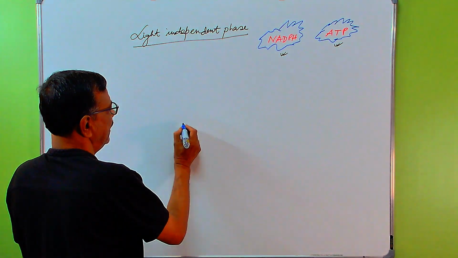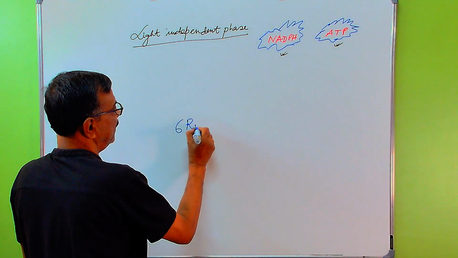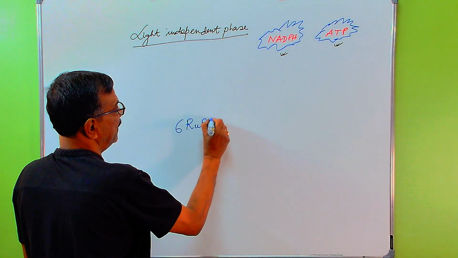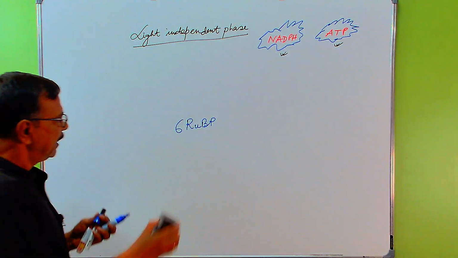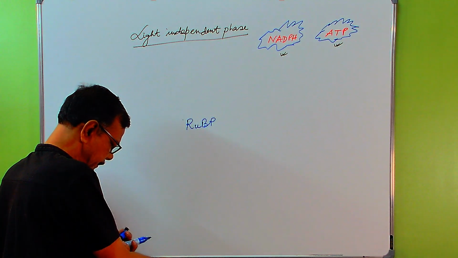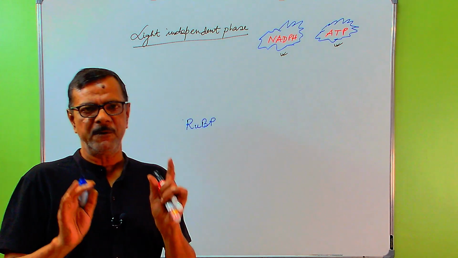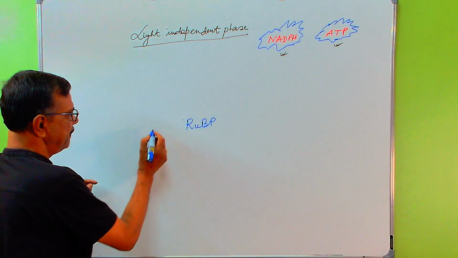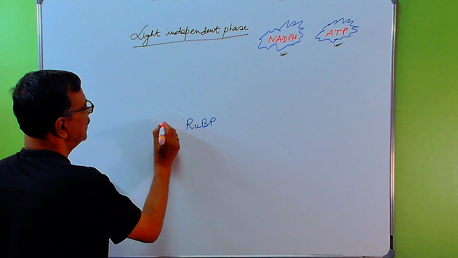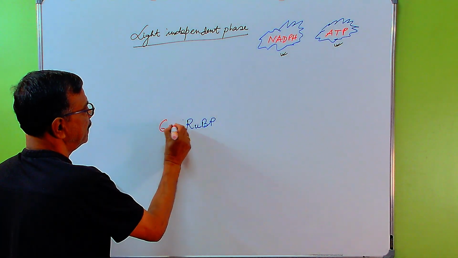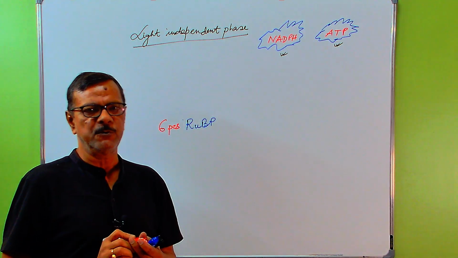Simple things. You have to take 6 RuBP. You should not write this in the exam hall, but for the purpose of your convenience, you write 6 pieces. 6 pieces of ribulose bisphosphate we have to take.